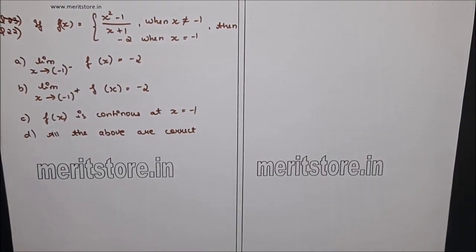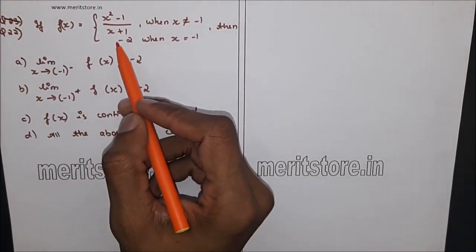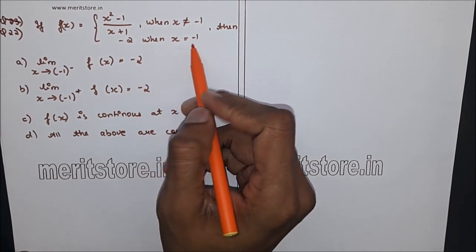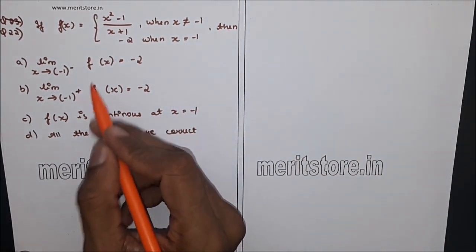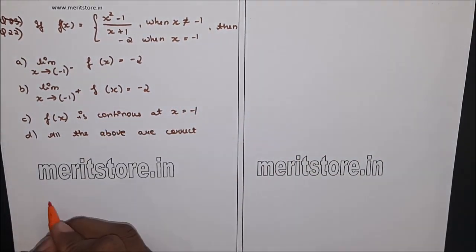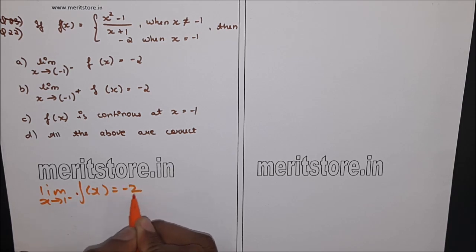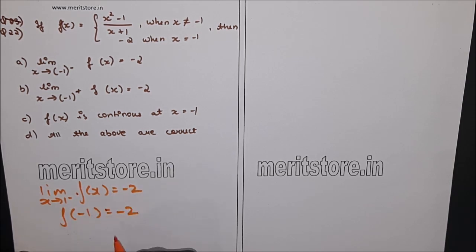Question 22. If f of x is equal to x square minus 1 upon x plus 1 when x is not equal to minus 1, and minus 2 when x is equal to minus 1, then we are given four options. For limit x approaches minus 1 from the left hand side, f of x is equal to minus 2, and f of minus 1 is equal to minus 2.